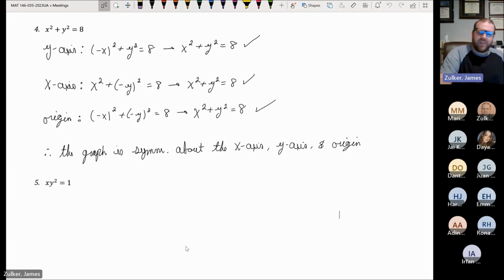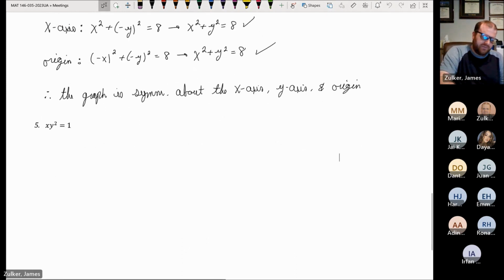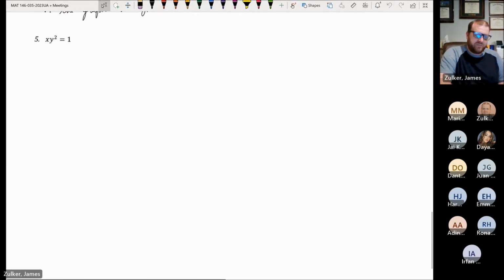Now let's take a look at the relation x times y squared is equal to 1. And again, let's start. Let's look at the y-axis.